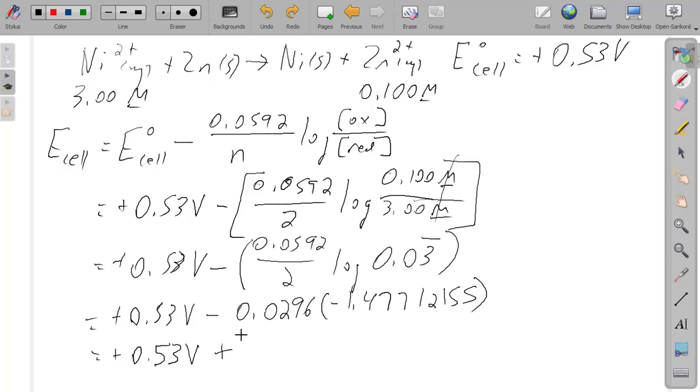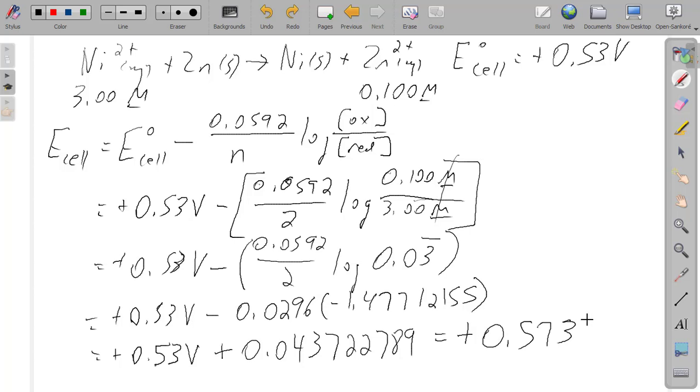And so we're going to add 0.043722789. And when we do that, that's going to equal positive 0.573722789 volts, which of course we can't have all that.